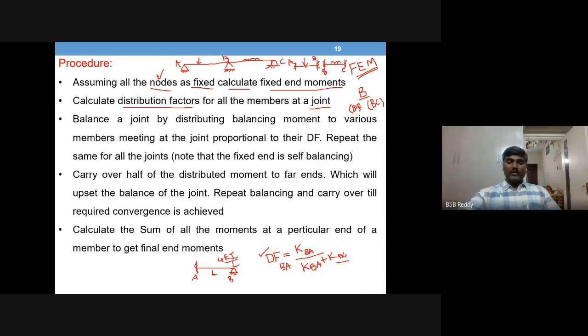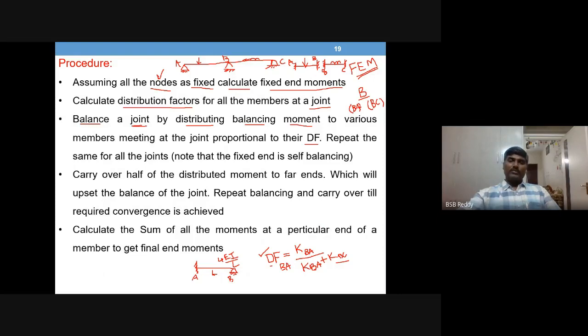Right. Once you find distribution factors, then what next? Balance a joint by distributing the balancing moment to the various members meeting at the joint, proportional to their distribution factors.